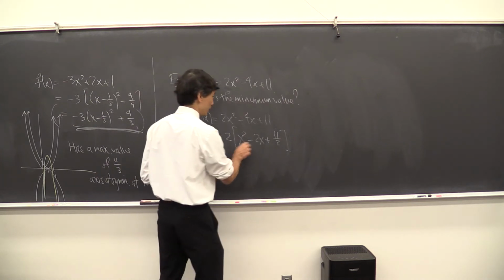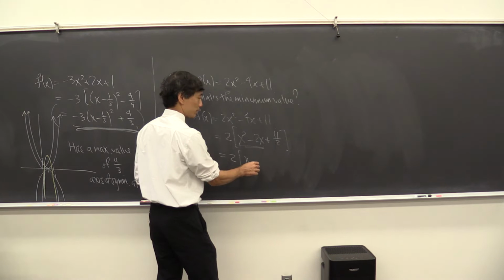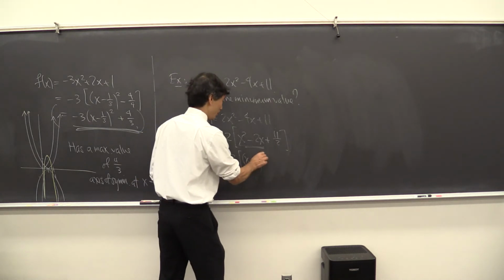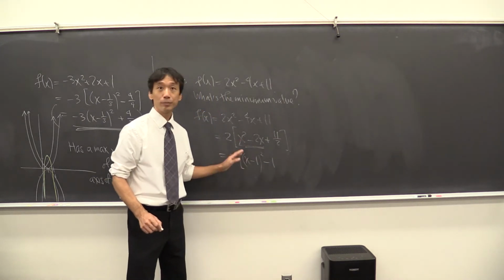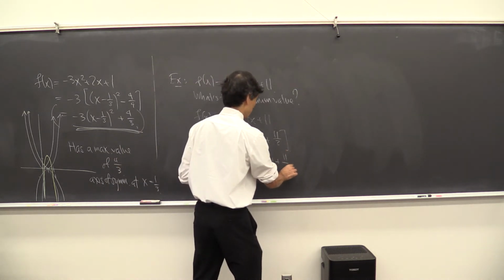Completing the square, so we take this and rewrite it as x minus 1 squared, minus 1, right? We take that thing and change it into this thing, and we've got this plus 11 halves here.